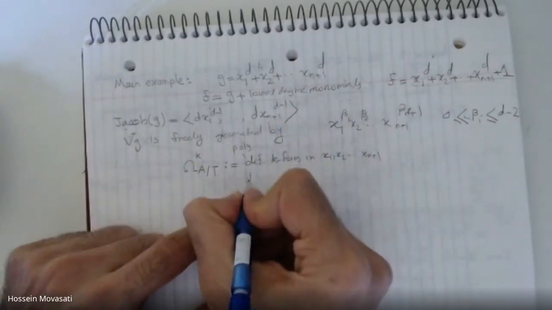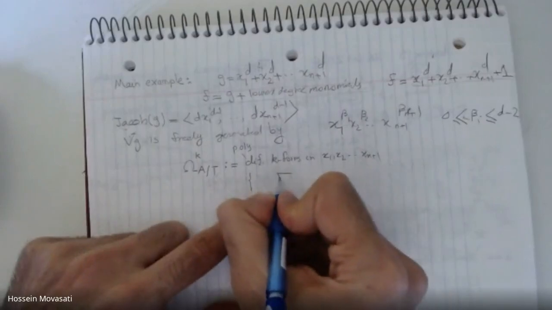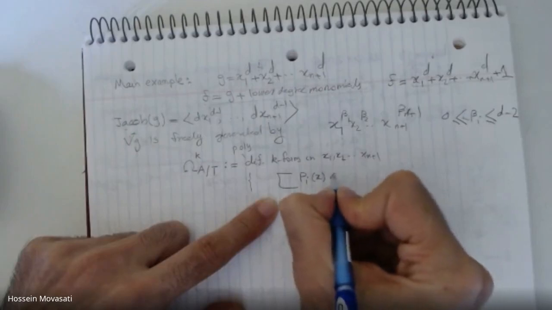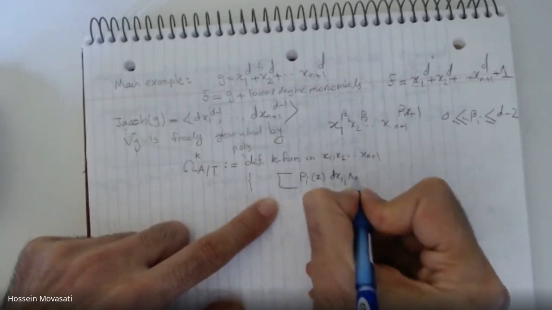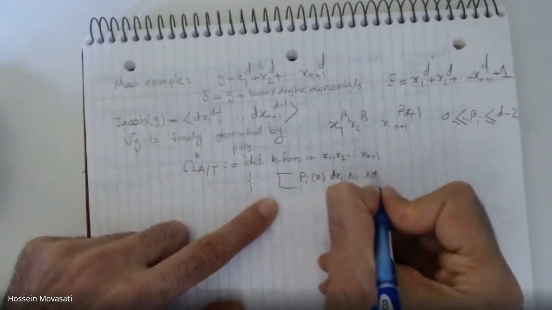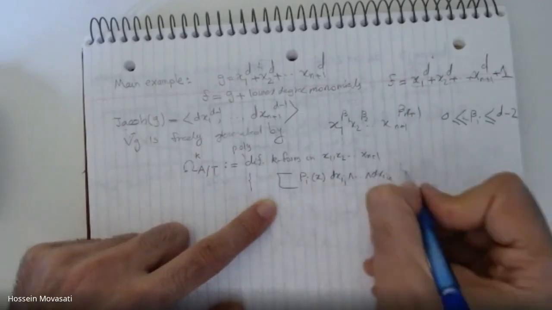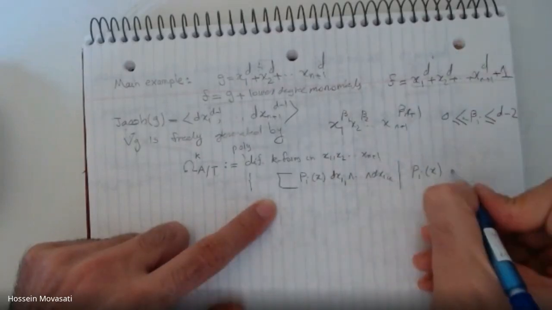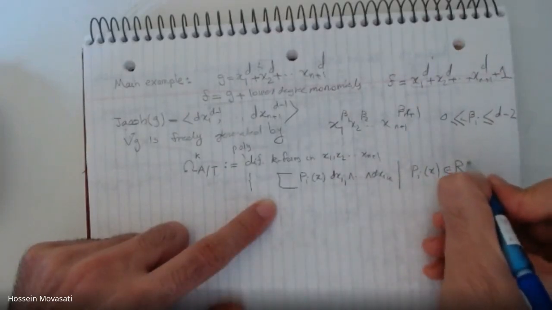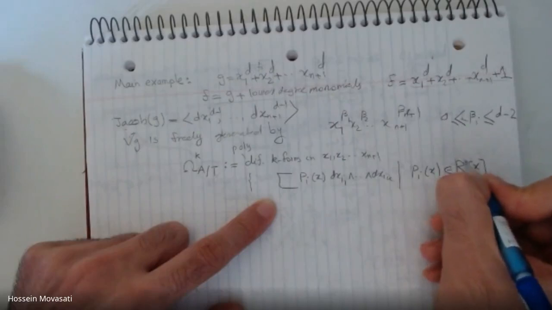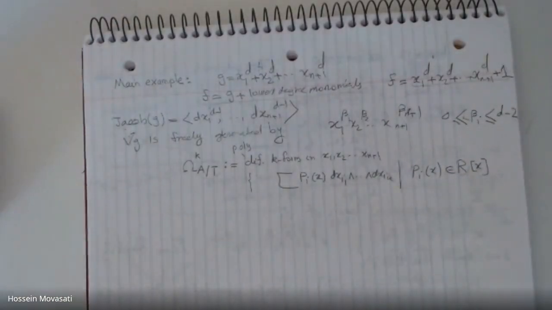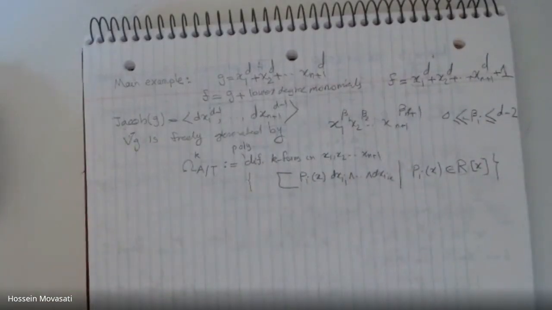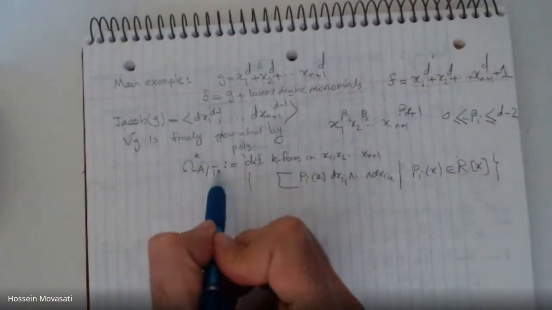So maybe let's write explicitly, these are just some pi x dxi1 ... dxik, and then pi x is just a polynomial in x with coefficients in my ring R. So this is just algebraic geometric notation.